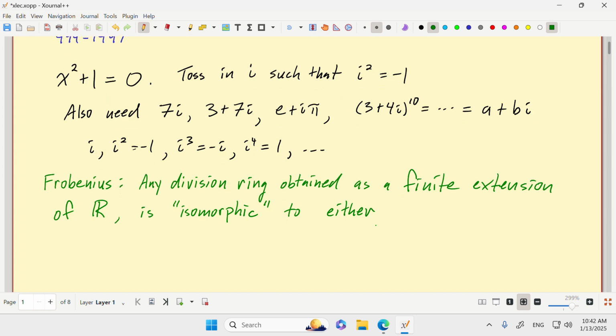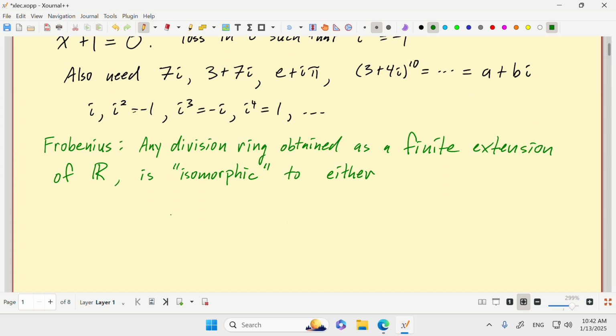It wouldn't change. So the first possibility, it's isomorphic to R. The second possibility is it's isomorphic to the complex numbers, which you get by adding i. And it turns out there's one more possibility.